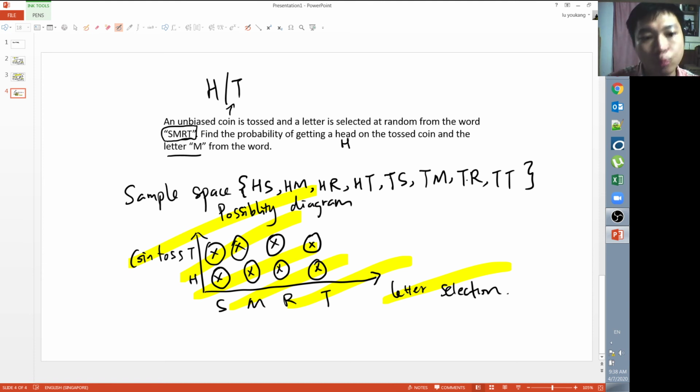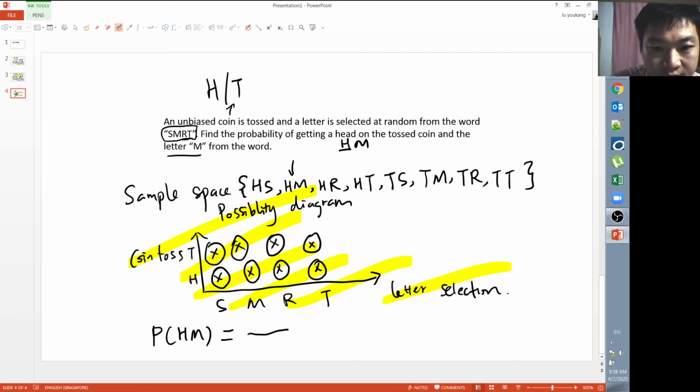Now with your sample space, you can simply choose from it. You want a head and a letter M. So the probability of getting HM is, how many HM do you have? You have one HM, can you see? It's there.